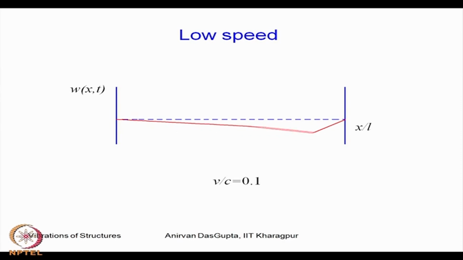The force is travelling at a low speed, 10% of the velocity of transverse waves in the string, and you will find the string has a very strange kind of motion which looks discrete.